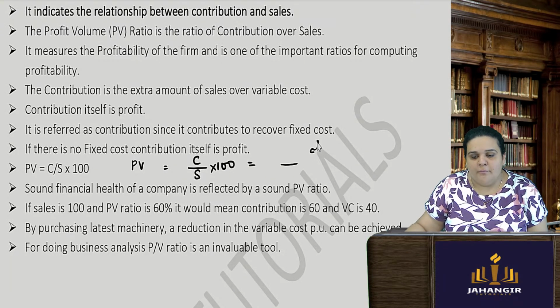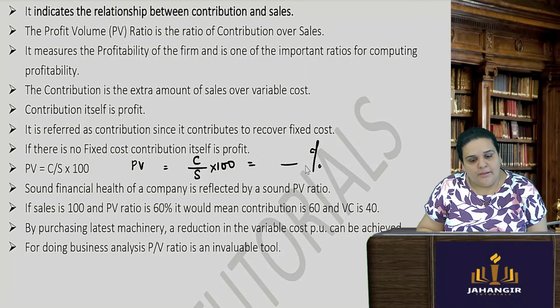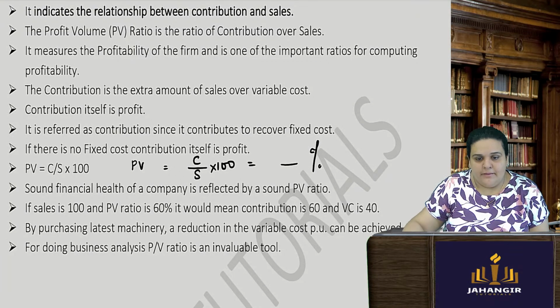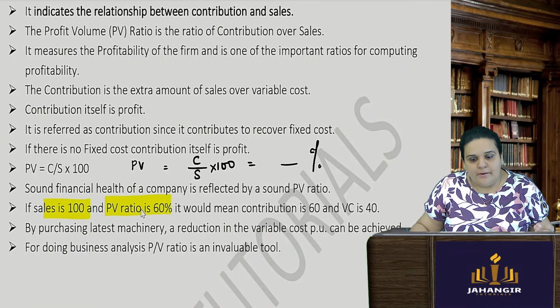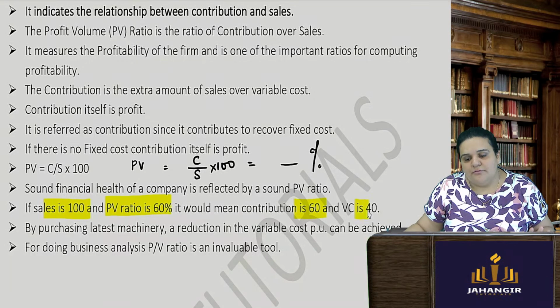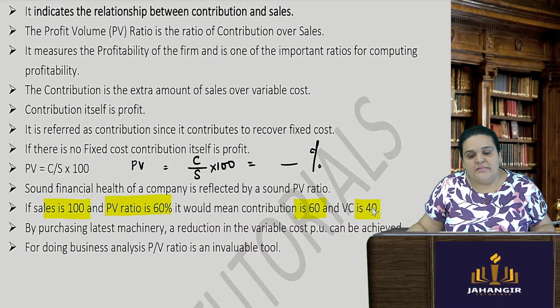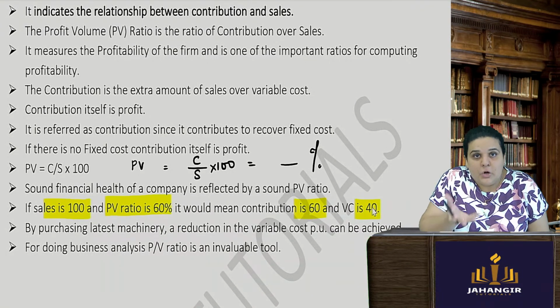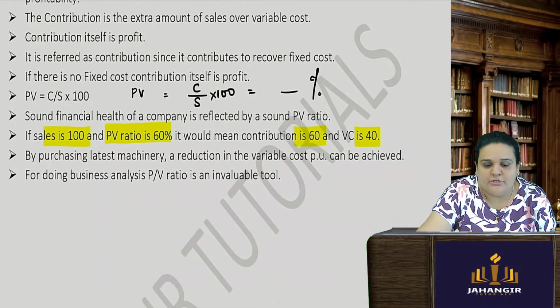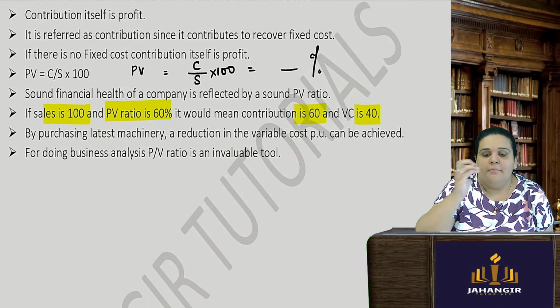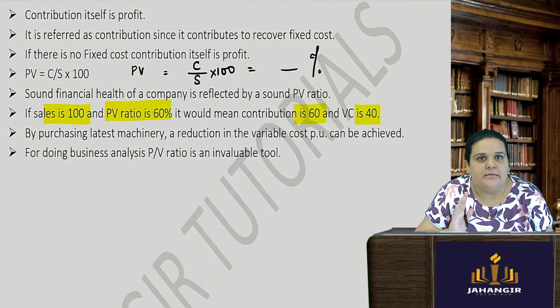Because it is always expressed as a percentage. For example, if sales is 100 and the profit volume ratio is 60%, in simple words contribution is 60 and variable cost is 40. Profit volume is another word for contribution, so contribution is going to be 60.